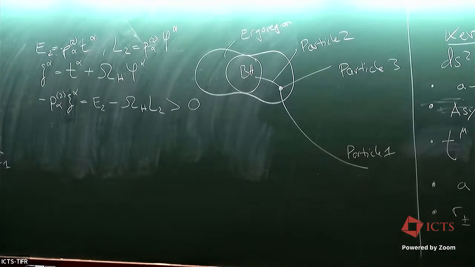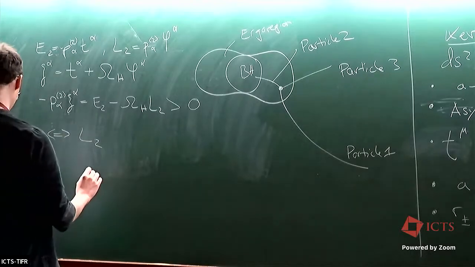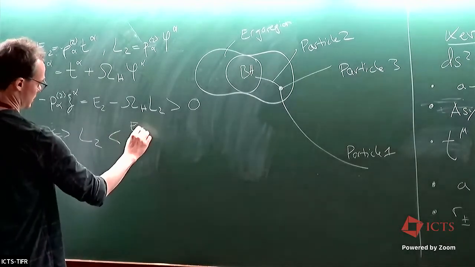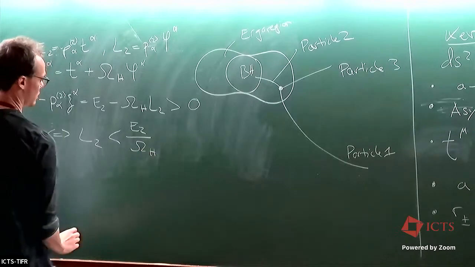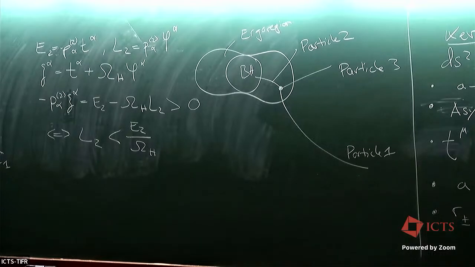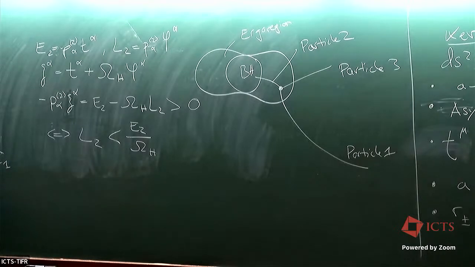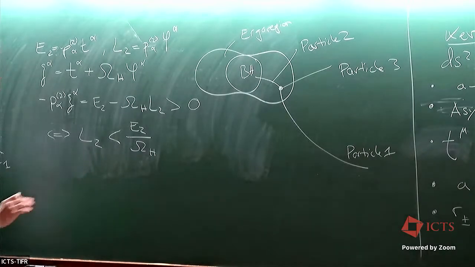And so if we just do some rearrangement here, we can see that L2 is smaller than E2 over omega H. And so basically, because E2 is negative, L2 is negative too.